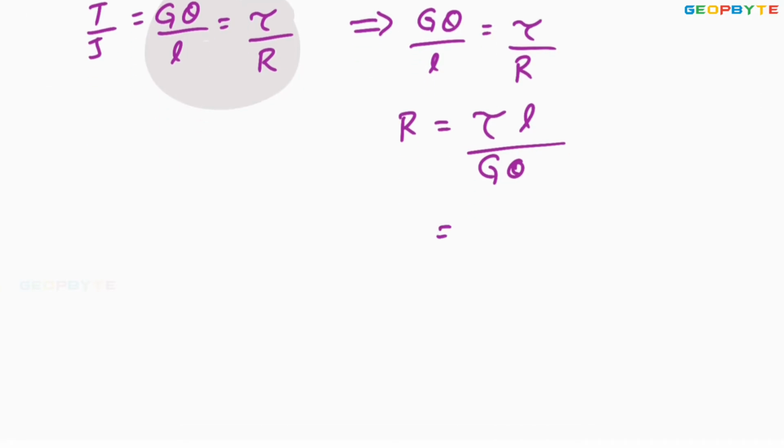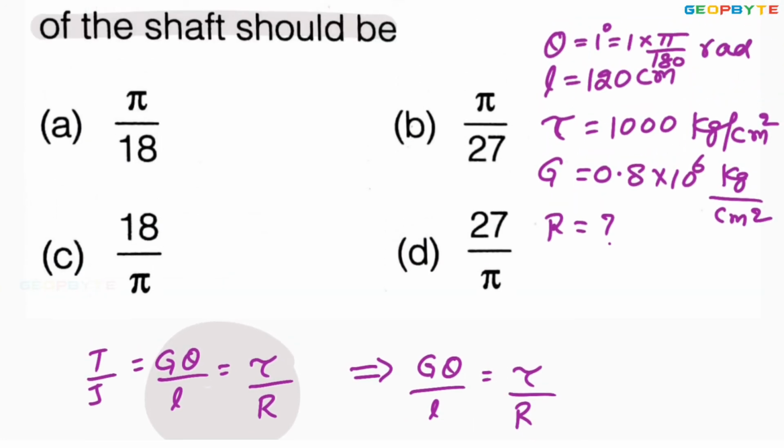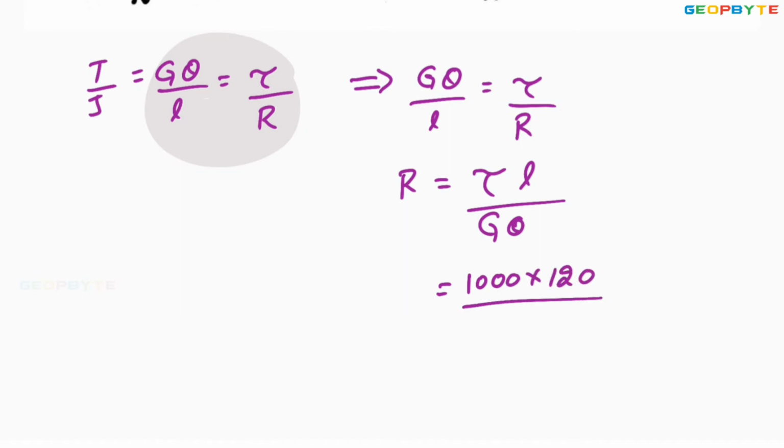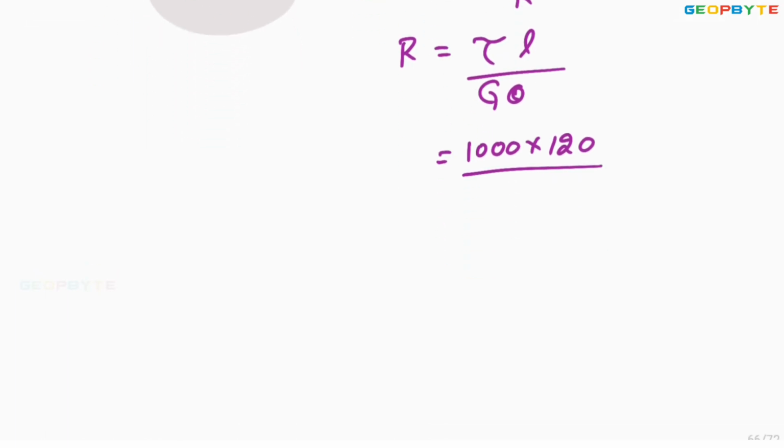Here the shear stress is given. Look at the shear stress, how much it is given: 1000 kg per cm square, and the length is 120. 1000 into 120 divided by G, which is given as 0.8 into 10 raised to 6. Theta is in radians, it should be pi by 180.